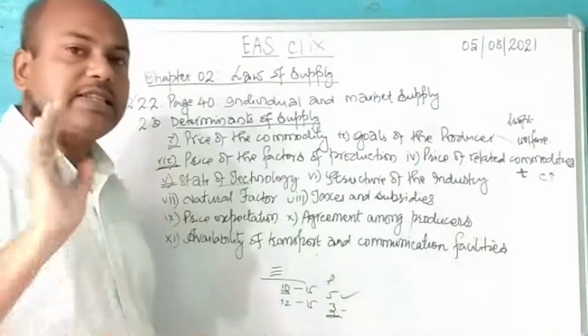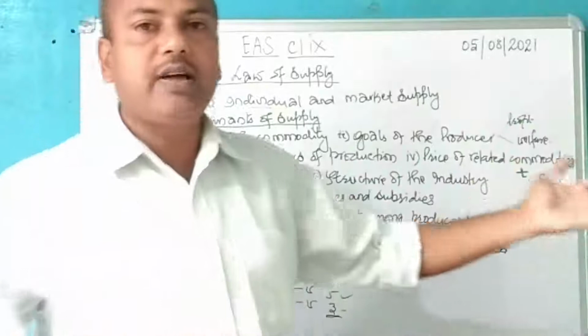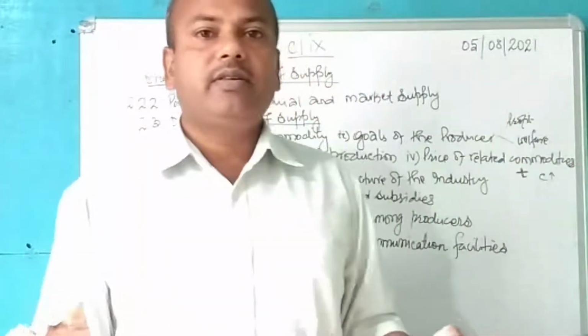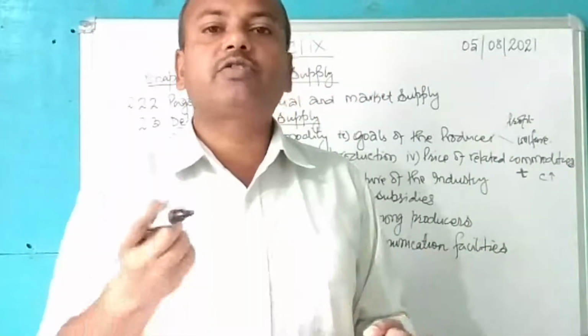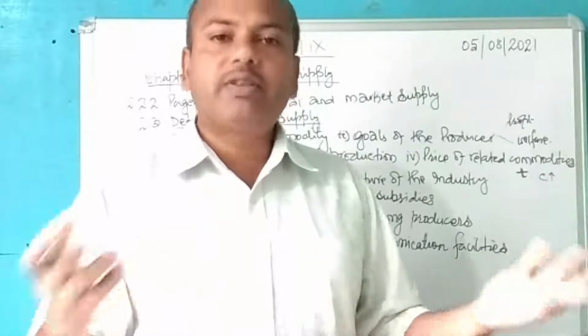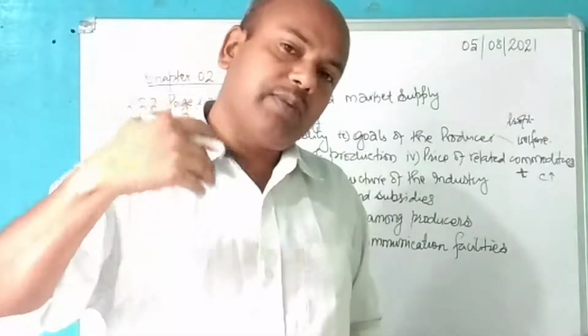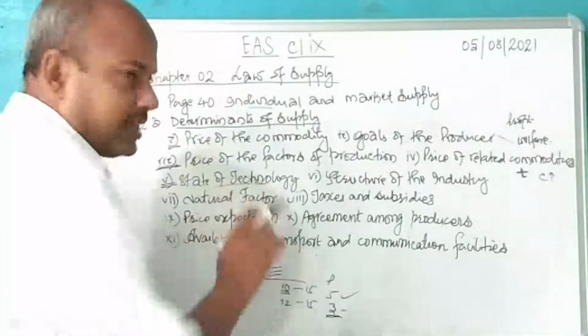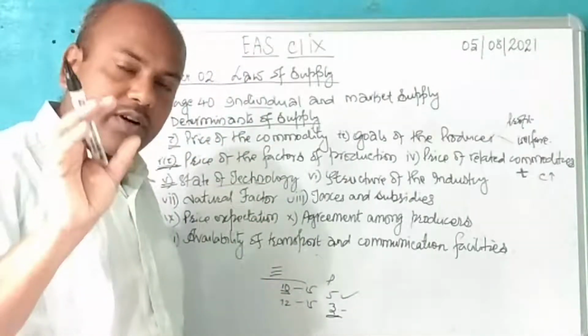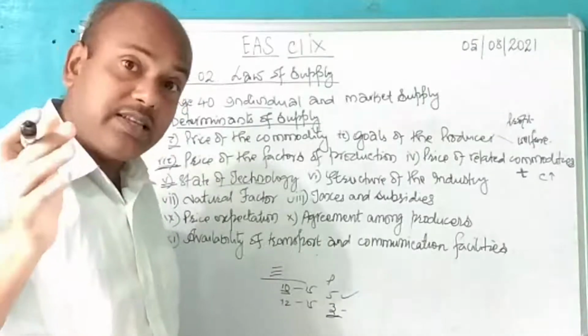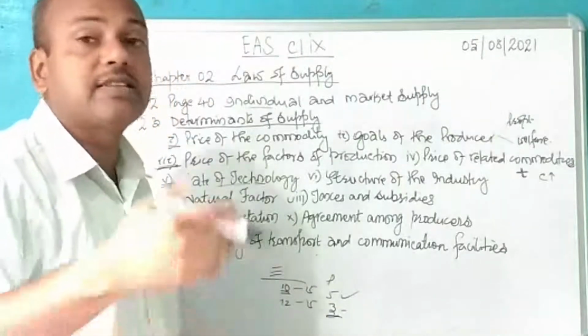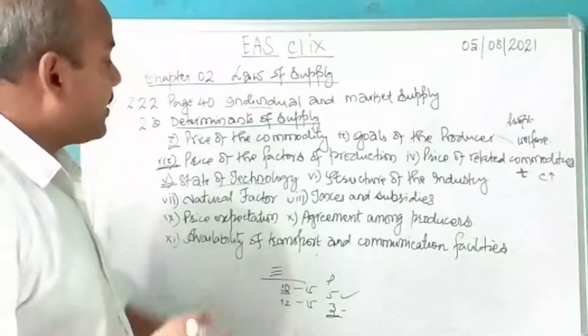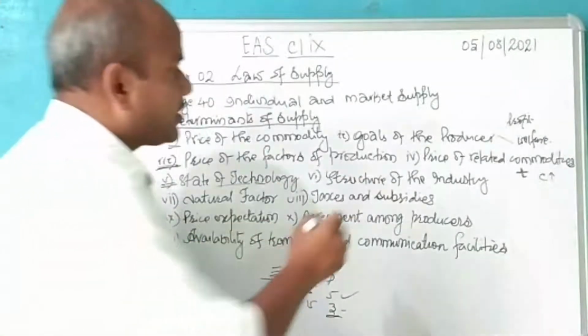If you are using advanced technology, production will be higher in a short time, and the cost of production will also be cheaper, profit will be more, and your supply will also increase. But if the technology is outdated, then production is slow, expensive, profit is also less, hence the supply also will be less.